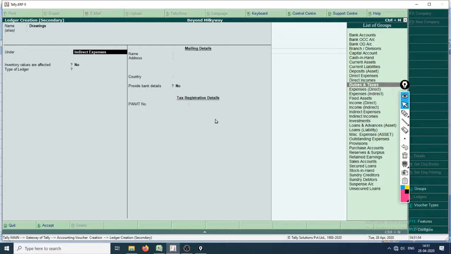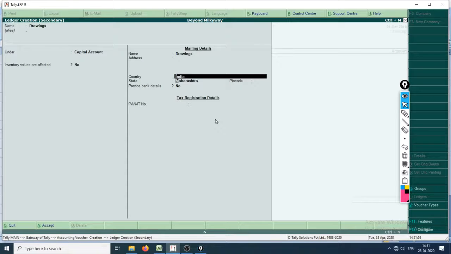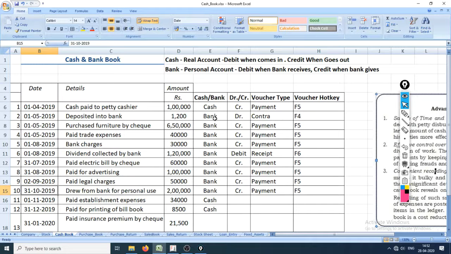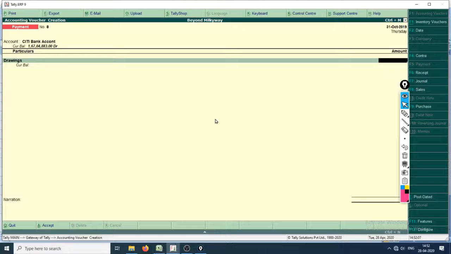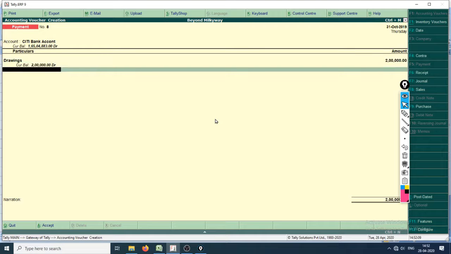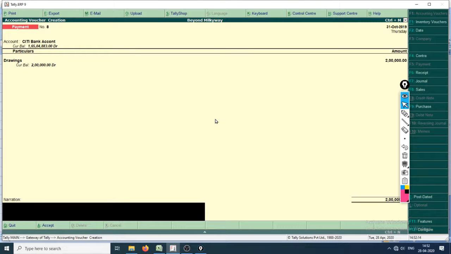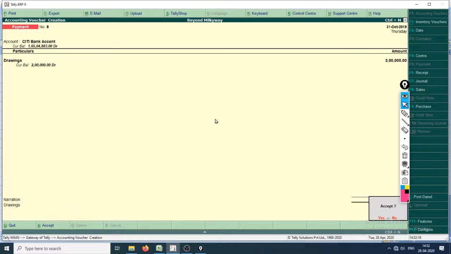Drawings is a capital account because that is where we were stuck last time and we checked it in the group crack sheet. Yes. How much is the drawings amount? 1 lakh, 2 lakh. Okay. As this is for personal use, this is treated as drawings. Drawings, enter.